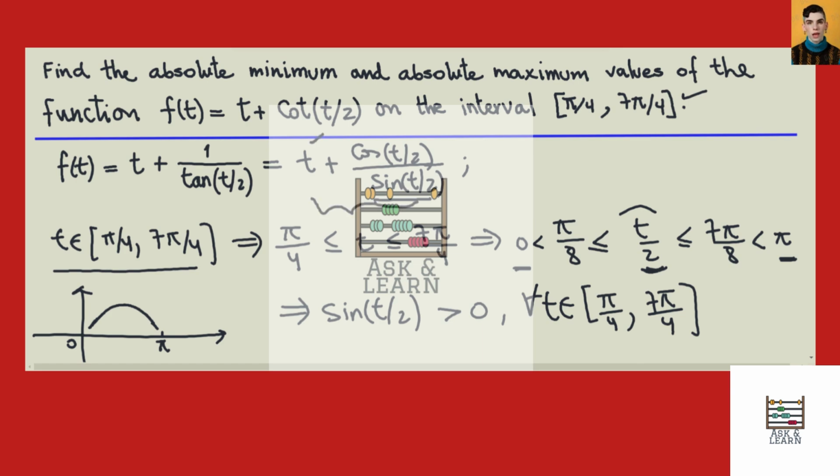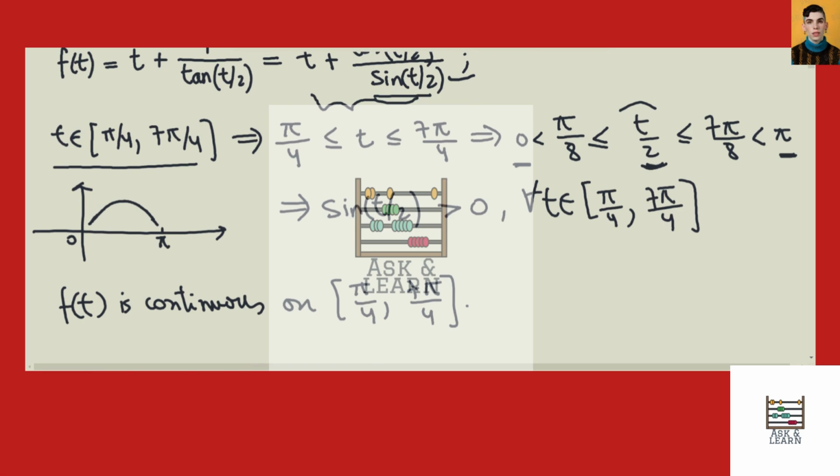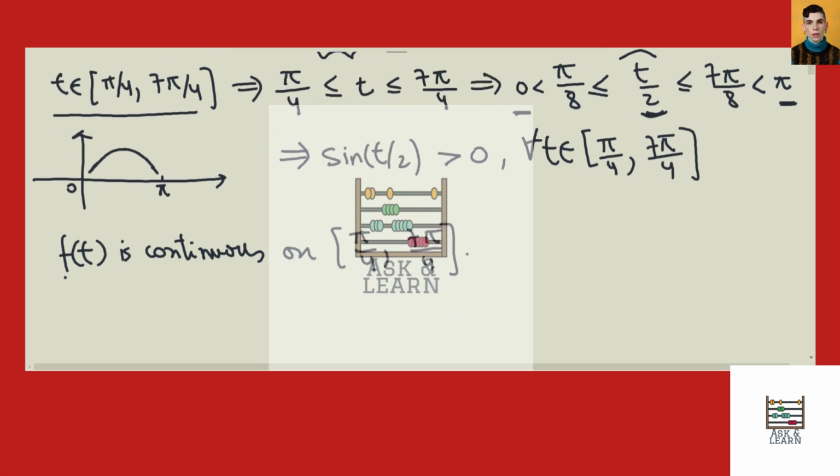T is continuous, cosine of t half is continuous, and the quotient of the two expressions, cosine of t half and sine of t half, is continuous because the denominator, sine of t half, never is equal to 0. So the whole function f of t is continuous on the closed interval pi fourth to 7 pi fourth.